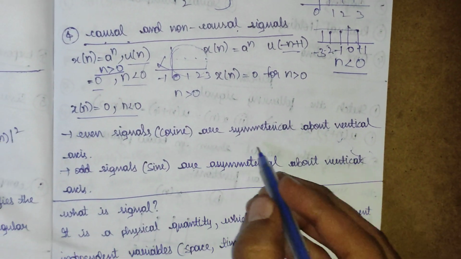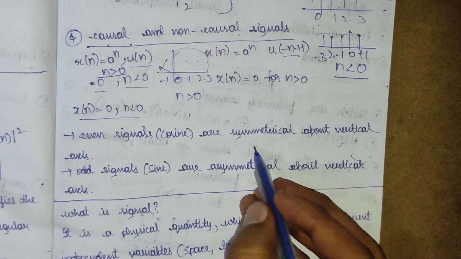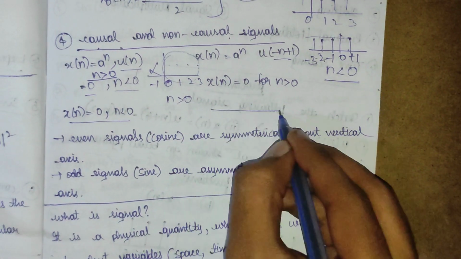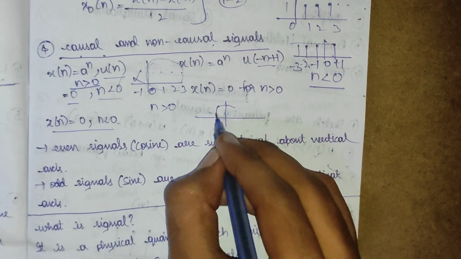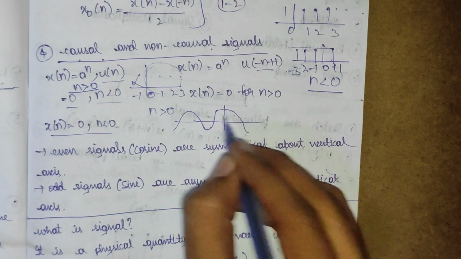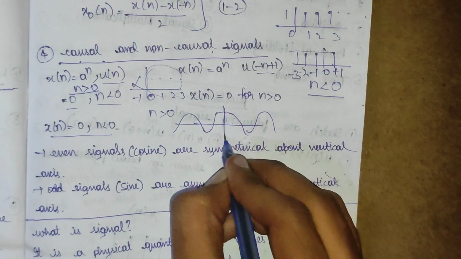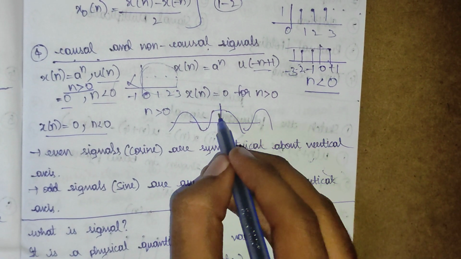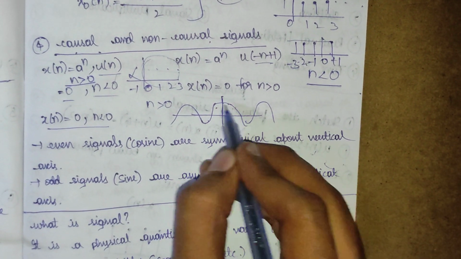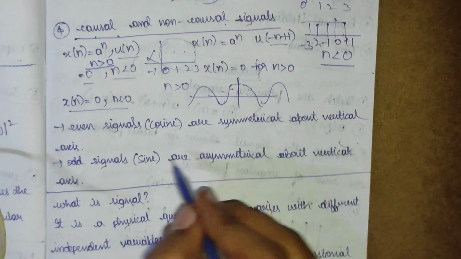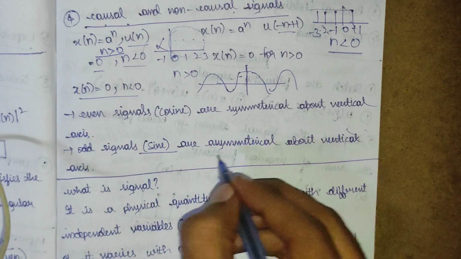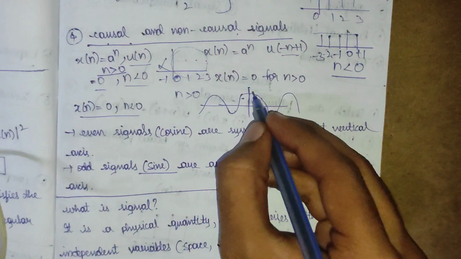Mostly the even signals are symmetrical. Even signals like cosine, cos 0 is 1, so it is given from here. All the cosine signals are symmetrical about the vertical axis. We can say it is symmetrical as it is equal on both sides. And odd signals like sine signals are asymmetrical about the vertical axis.